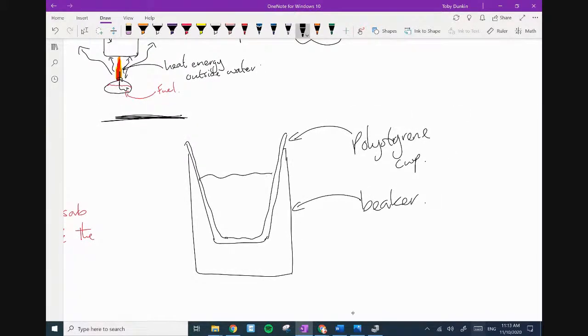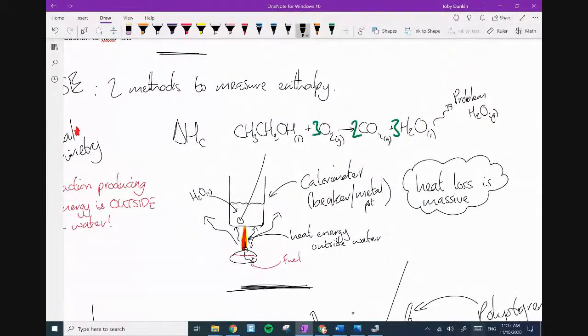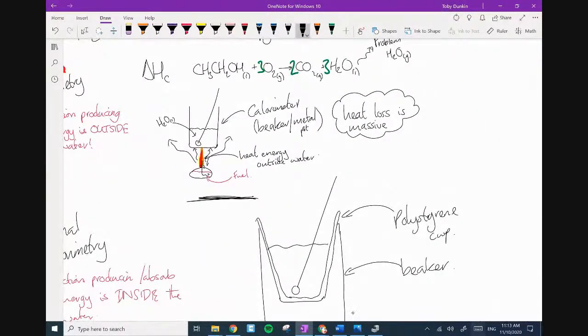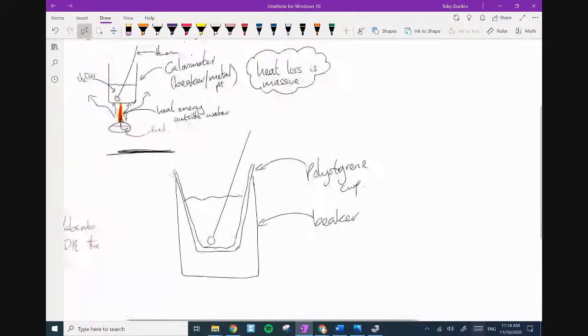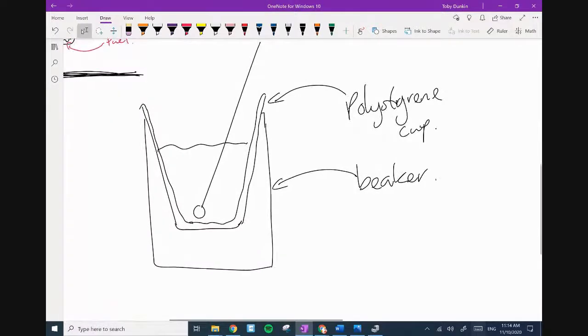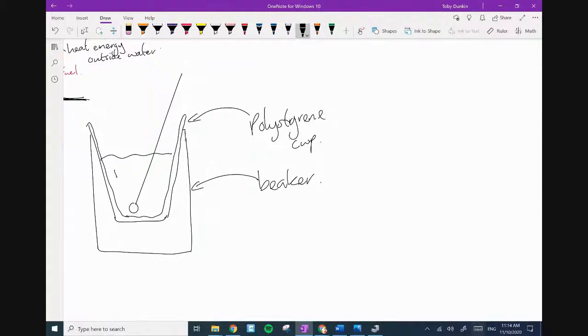The reaction mixture is here, and we add our thermometer. Suddenly realized I forgot my thermometer in my diagram of external. There we go, thermometer. Now this one is far better because the heat loss is massively reduced. Let's do HCl with calcium carbonate, CaCO3.